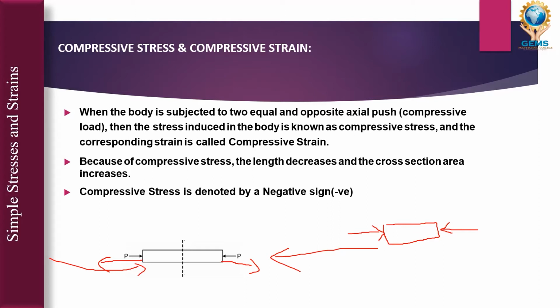From this side the length will decrease, from this side also the length will decrease, so it will become only this much length of object, and its thickness, that means its cross-sectional area, will increase. It will become a little thicker; it will be reduced in length but gain in thickness. That is called cross-sectional area increase, understand? Okay, I will erase these things.